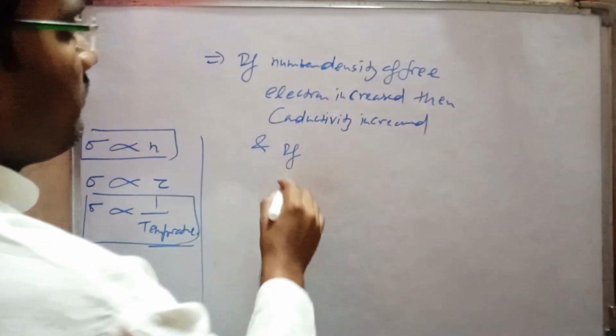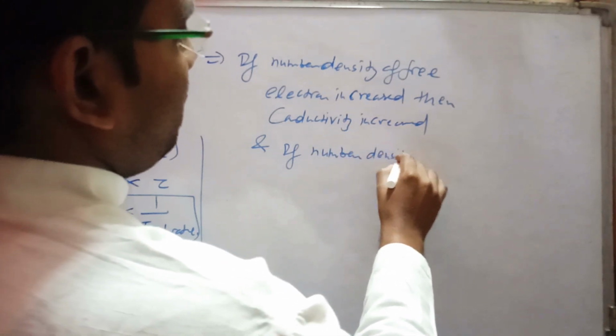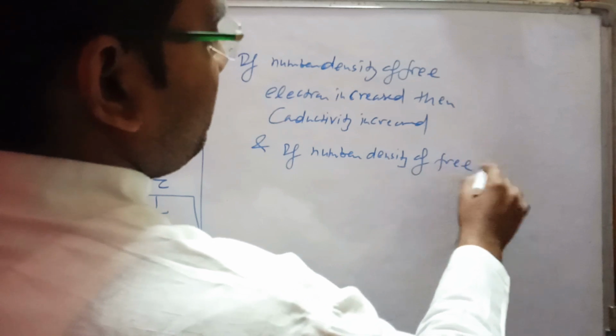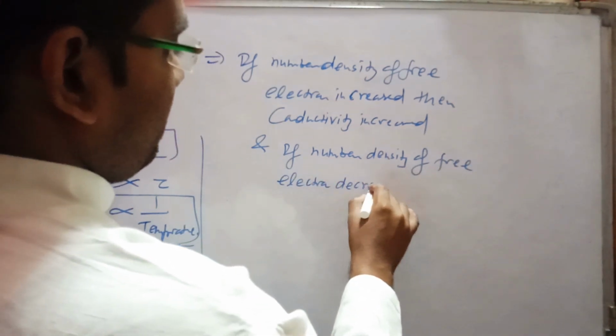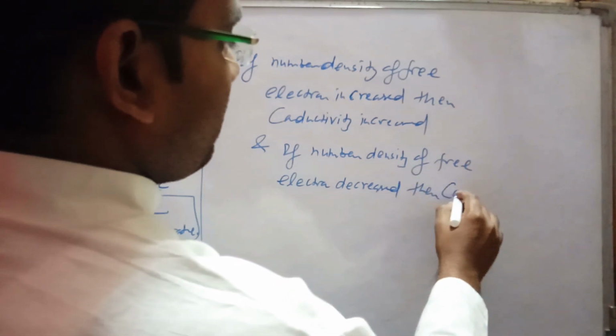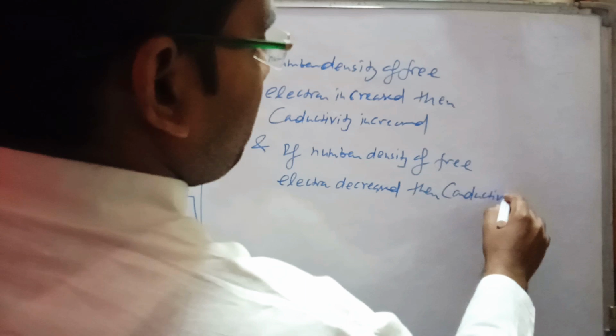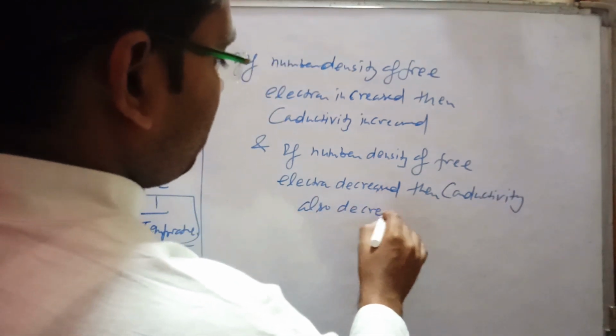And if number density of free electron decreases, then conductivity also decreases.